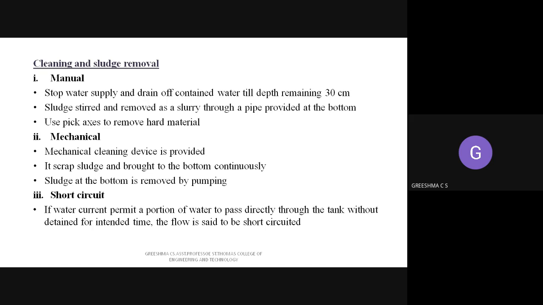A tank has a certain detention time, so without staying for the detention time, if the water is flowing through, it is called short circuited.